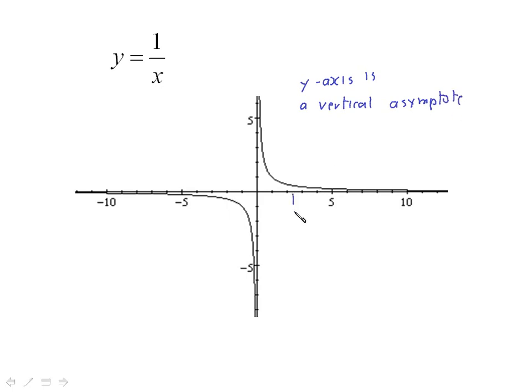Just like the x-axis is a horizontal asymptote. Those words, or that word asymptote, will be coming back often in the next few units. Not much more we can do with that one.